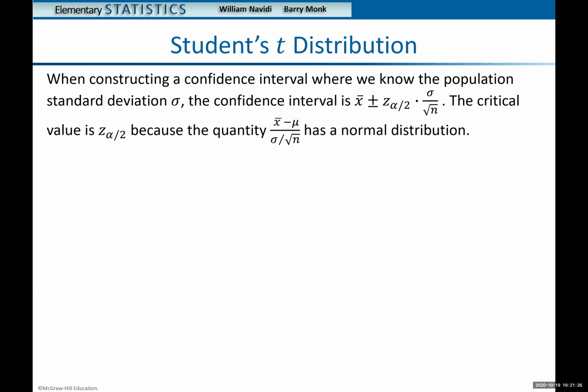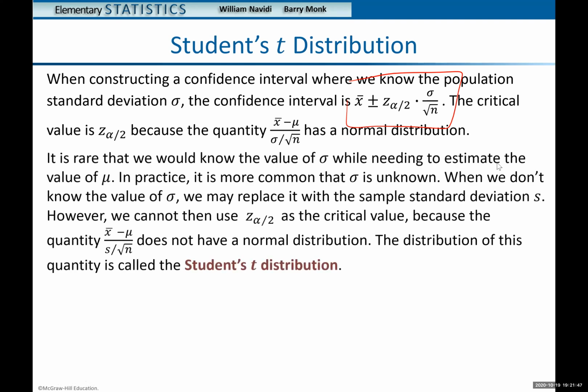So let's talk about now the t distribution. Earlier we used this formula: the sample mean plus or minus the critical value of z times the standard error, standard deviation over square root of n. It is rare that we would know the value of the standard deviation while needing to estimate the value of the population mean.